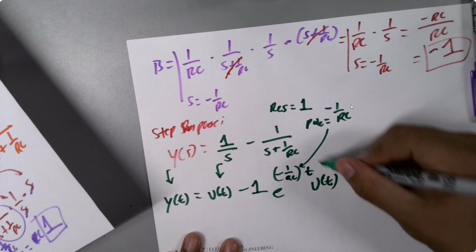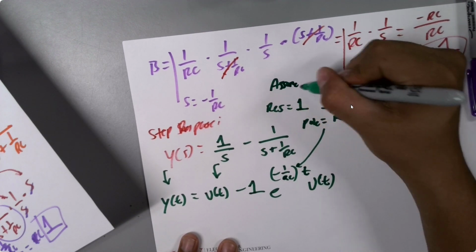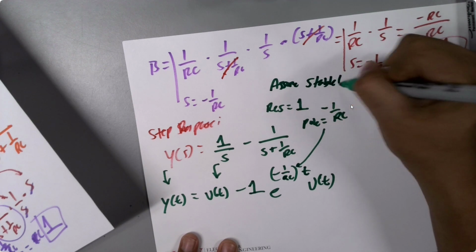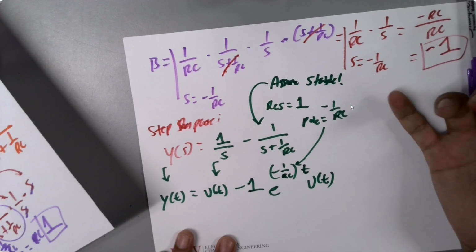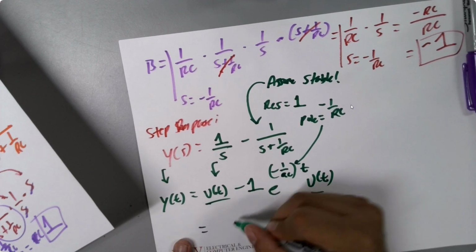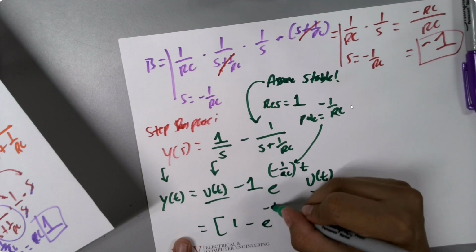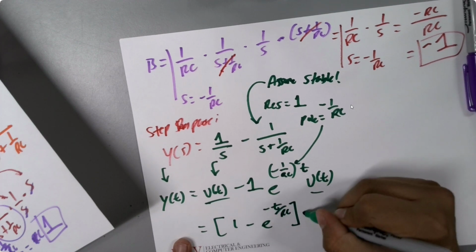Everything is stable. Assume stable. Okay, it's always stable. RC circuits are stable. They won't blow up. Then you see that? And then what does this equal to? 1 minus E to the minus t over RC, U of t.